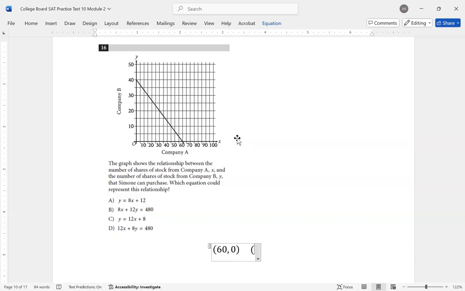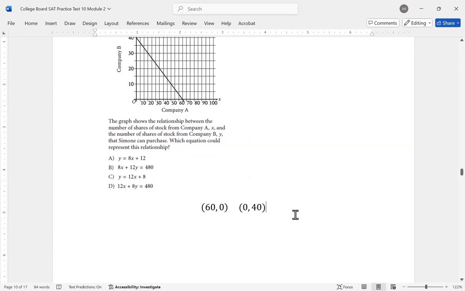And in the same vein, this line also goes through the point (0, 40). So we could purchase 40 shares of company B stock if we purchased 0 shares of company A stock. So what I would do is I would just see which one of these lines goes through both of these two points.